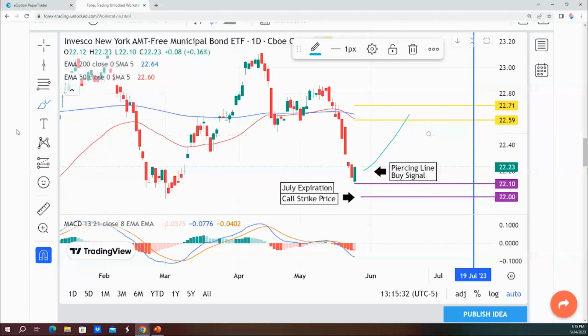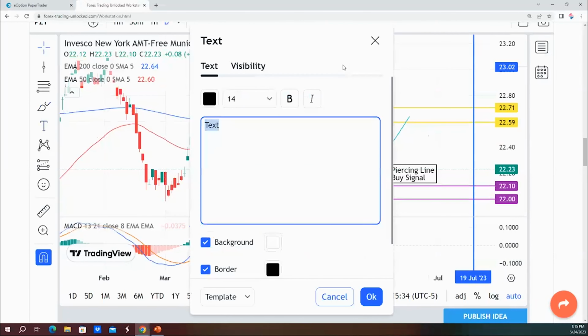Okay, so let's put the straddle on here. For our straddle price, we're going to do one call and one put. Scrambling here today. So this would be a 22 even strike, May or July expiration.